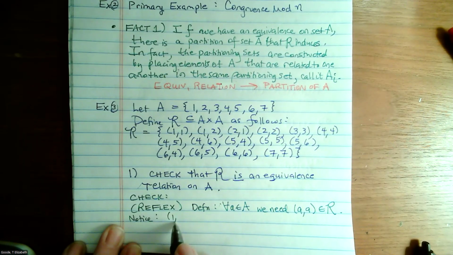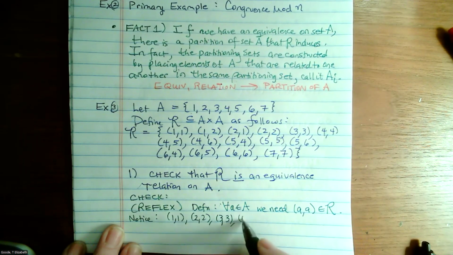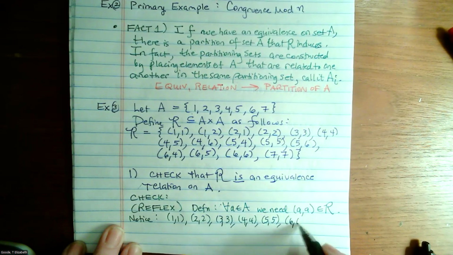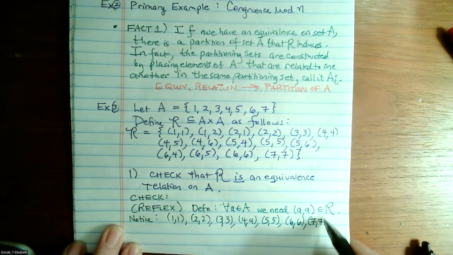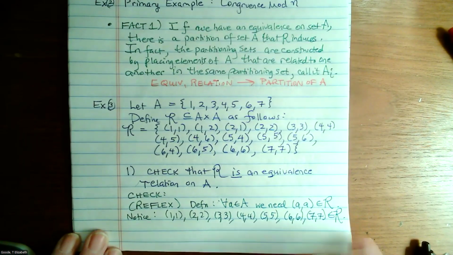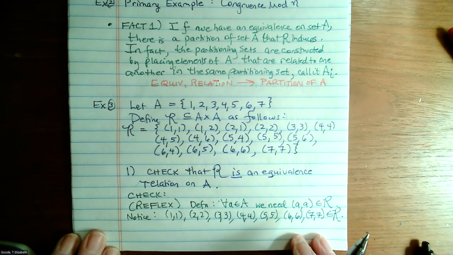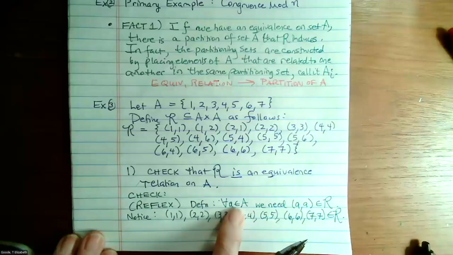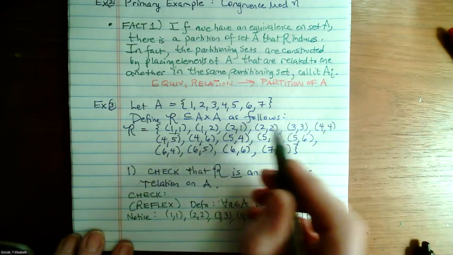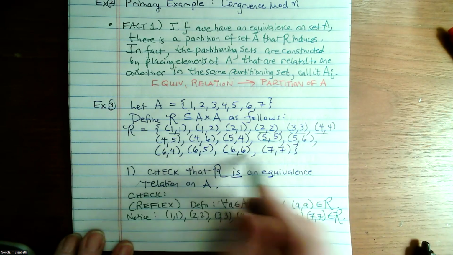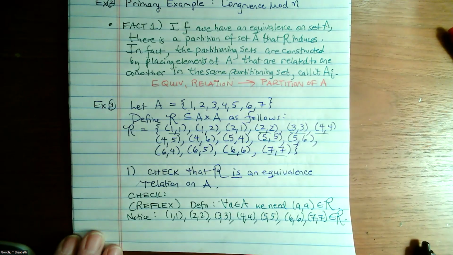Notice (1,1), (2,2), (3,3), (4,4), (5,5), (6,6), and (7,7) are all in curly R. If we were missing even one of those, then reflexivity would fail. It's a universal property. It has to be true for every element of the underlying set. So we definitely have what I call reflexive pairs here. We've got them all.